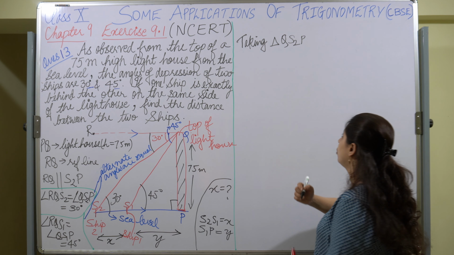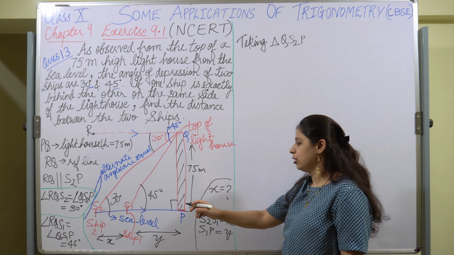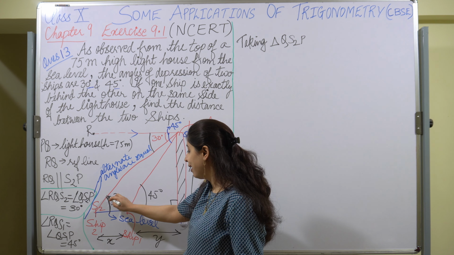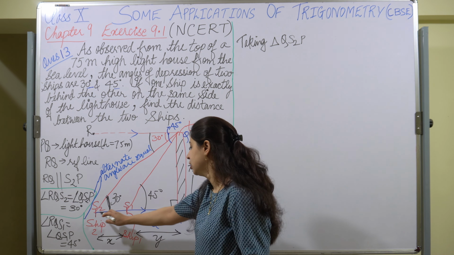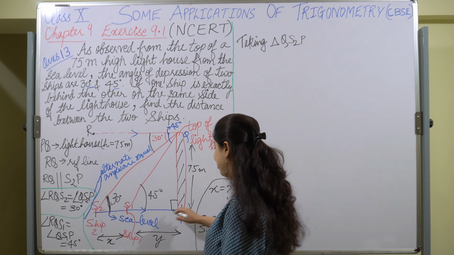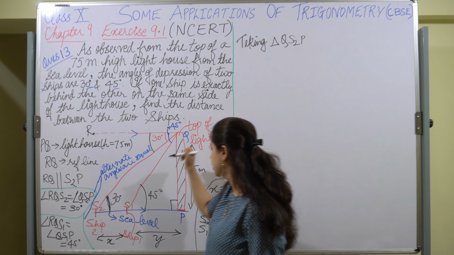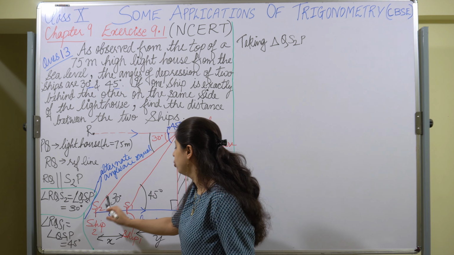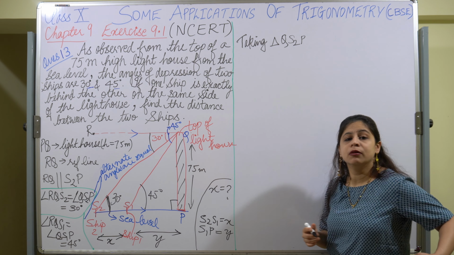Taking triangle QS2P. In triangle QS2P, if we take this angle as the angle to be considered, then S2P will be the base, the side opposite will be QP, which is the perpendicular, and QS2 will be the hypotenuse.